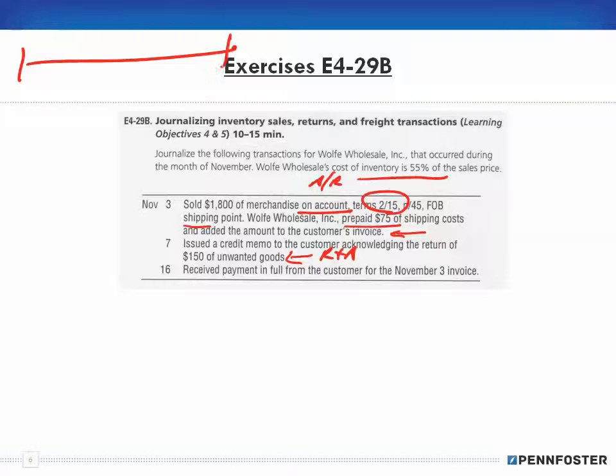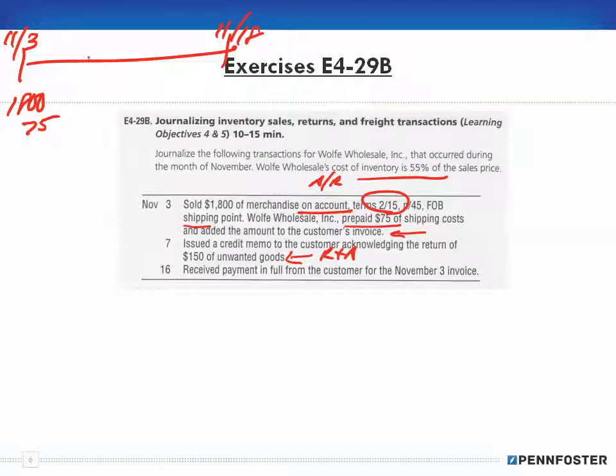So we draw our timeline. November 3rd, and it's 2/15, so they have the ability up to the 18th of the month, 3 plus 15 is the 18th, to take a 2% discount. So on 11/3, they're selling $1,800 of merchandise, and they're prepaying $75 for the shipping.